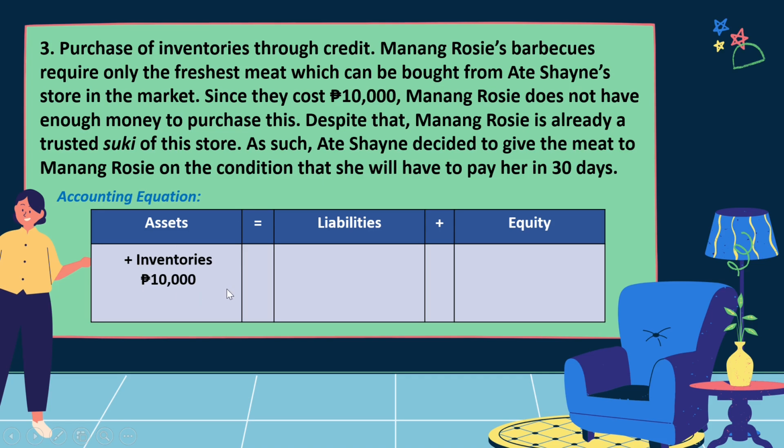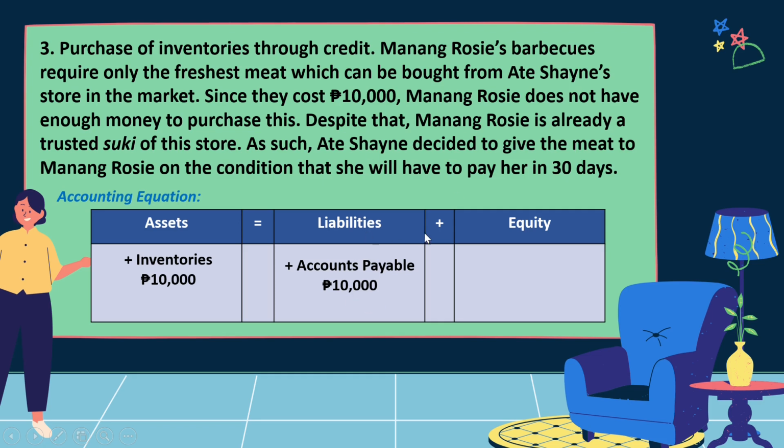Do we have liabilities from this transaction? Yes, we have liabilities which is accounts payable. May babayaran siya kay Ate Shane worth 10,000 pesos. So bakit positive sign yan? Yan yung una niyang liabilities sa business niya which is accounts payable. Ito yung babayaran niya kay Ate Shane within 30 days worth 10,000.